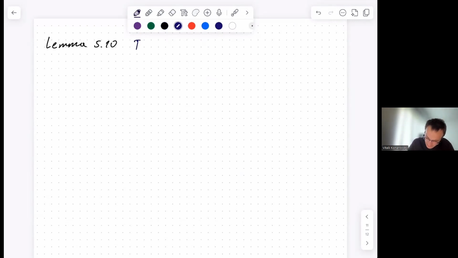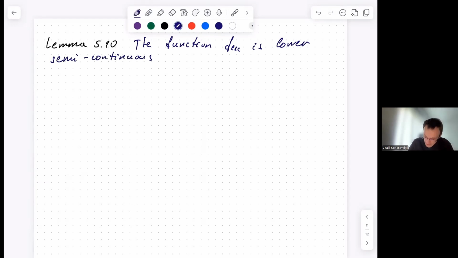The function f lower semi-continuous regularization, that function is lower semi-continuous and it is smaller than the function f for every x.